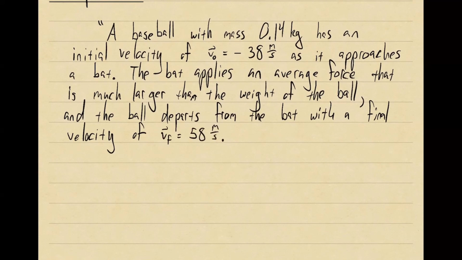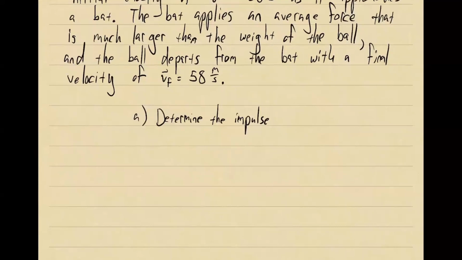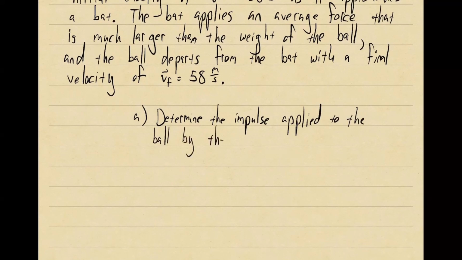So the problem wants us to determine the impulse applied to the ball by the bat. So part A: determine the impulse applied to the ball by the bat. And so this is part A.